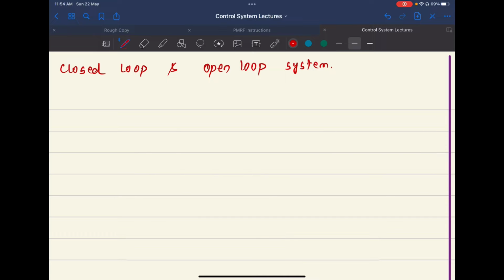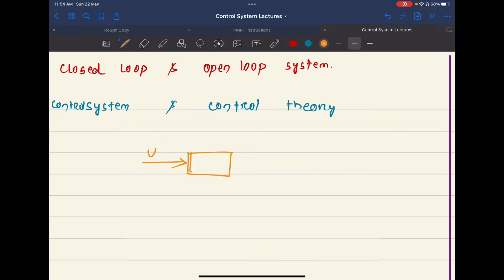Before diving into that part, let's revise our concept of what we had discussed about a system, more specifically control system and control theory. If you remember, what a control system is, with the block diagram.